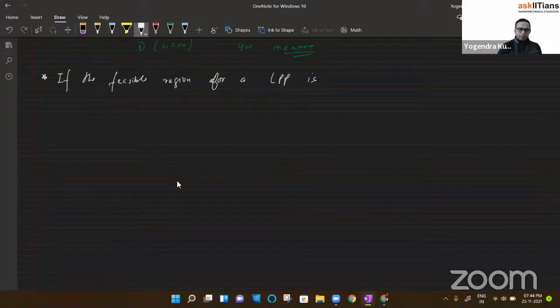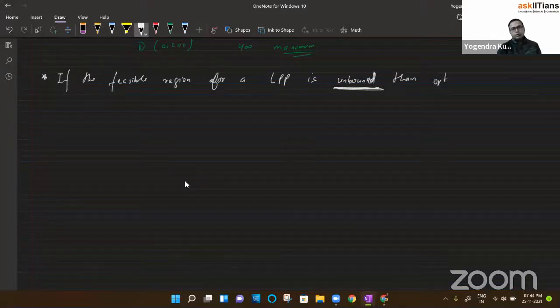We will have a minimum or maximum. Are you getting me, everyone? The optimal value will exist if it is bounded. But if it is unbounded, then this is what fills the blank.